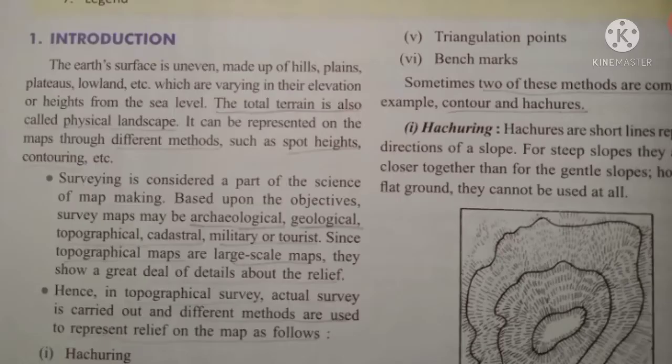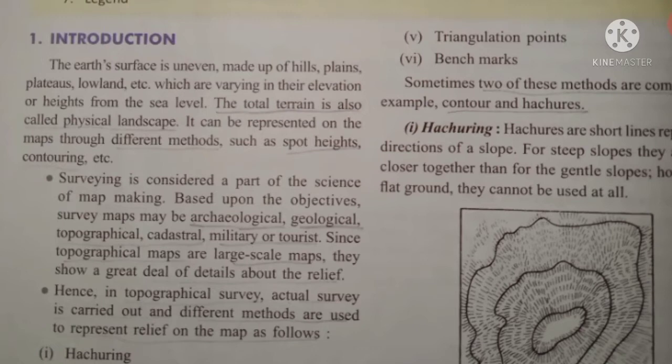All these features are also called physical landscape. Now the question arises: how can we represent this landscape and their height on the map? We cannot simply draw hills, mountains, plateaus, and we cannot show their height there.